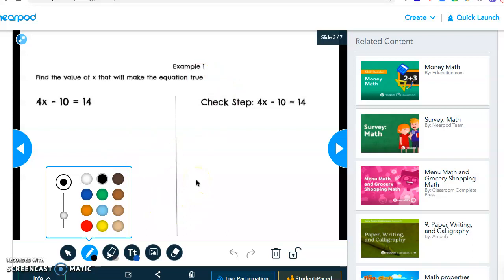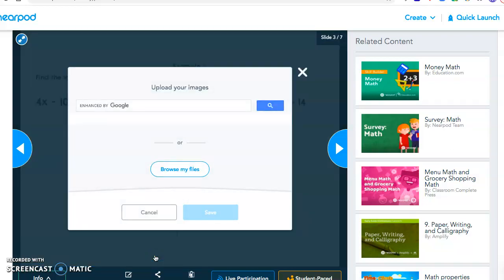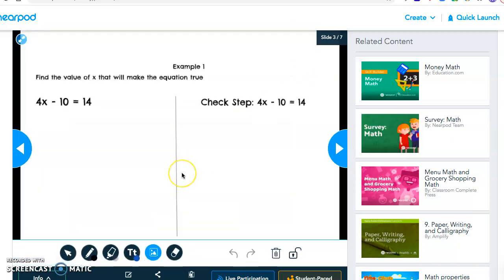So none of you have the excuse of I don't have paper because now you have the Nearpod. But if you do want to use paper, you could just upload a picture right here and use your camera. Just upload a picture of your work instead.